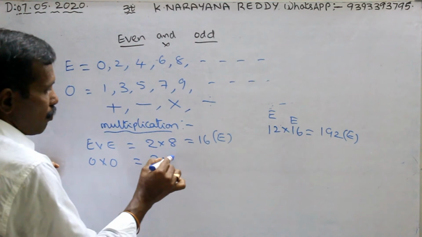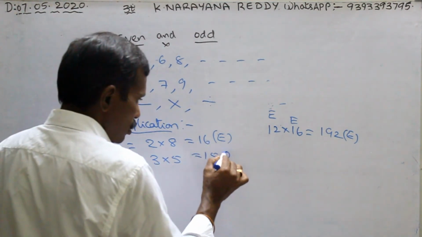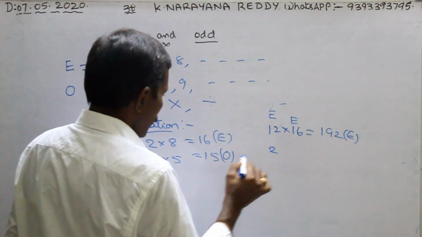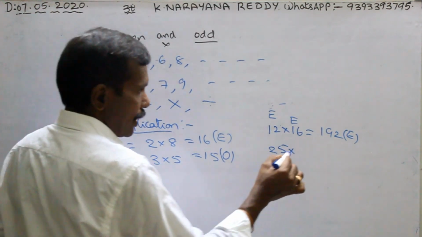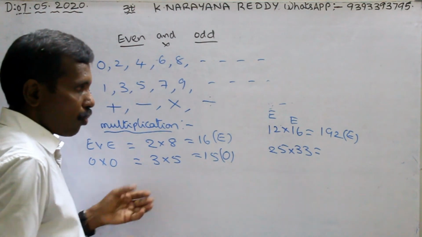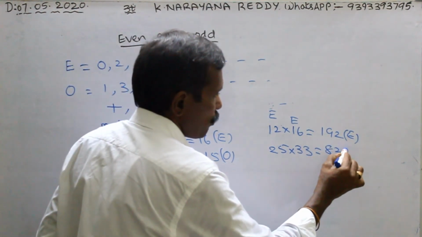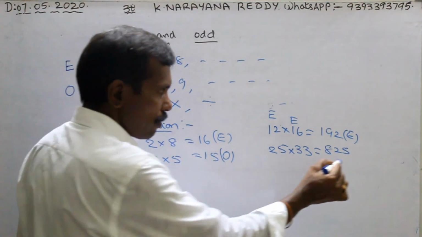In the same manner, odd into odd. 3 into 5 is 15. What is this? Odd. Take another example, some bigger number. 25 into 33 is 825. So is this odd or even?